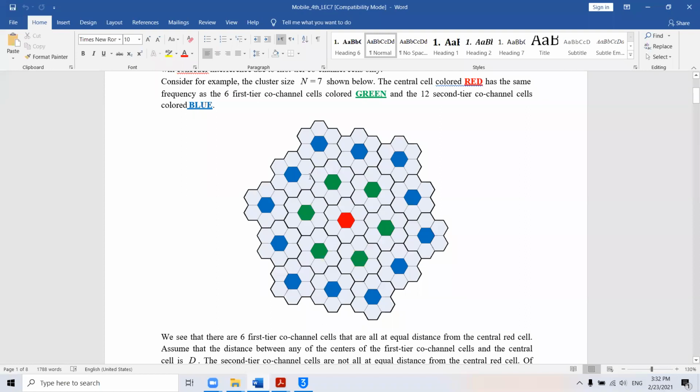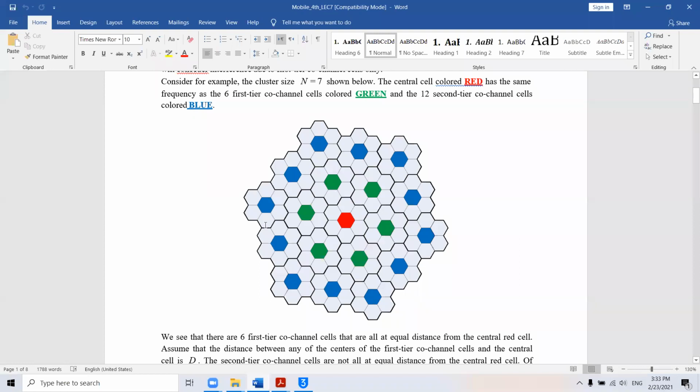If you have the following clusters in the system, of course, we are talking about a cluster size of 7, so every cell has 6 neighbors. Look at the red cell, and we have here green cells. If you count these green cells, they are 6. So in the first tier, we have 6 co-channel interfering cells.